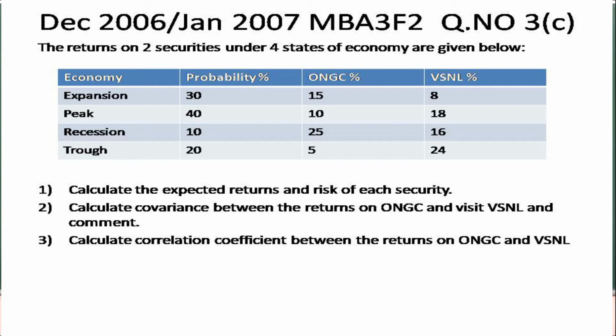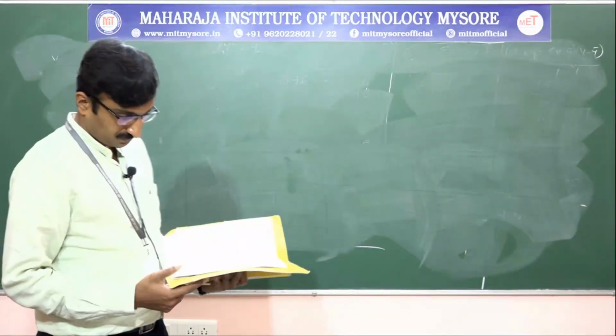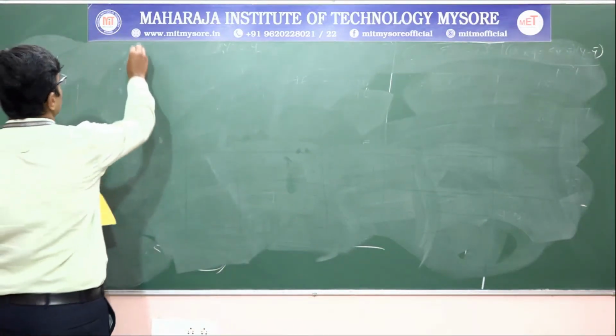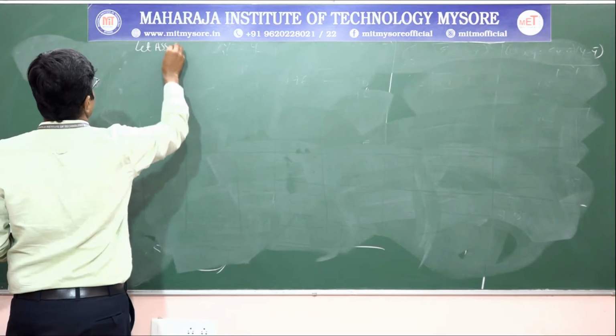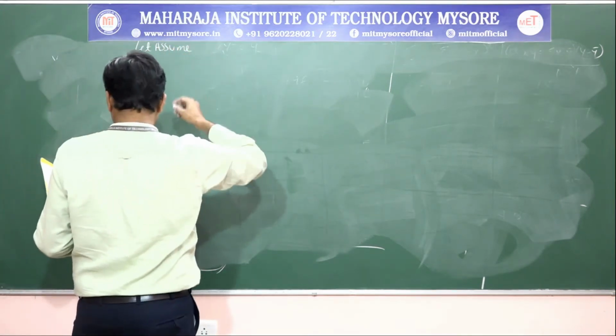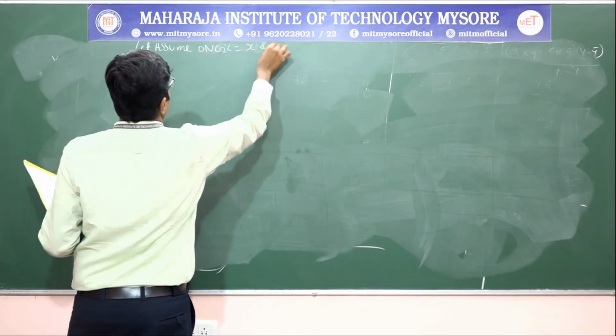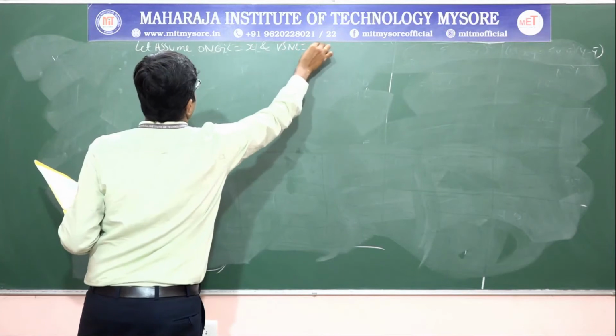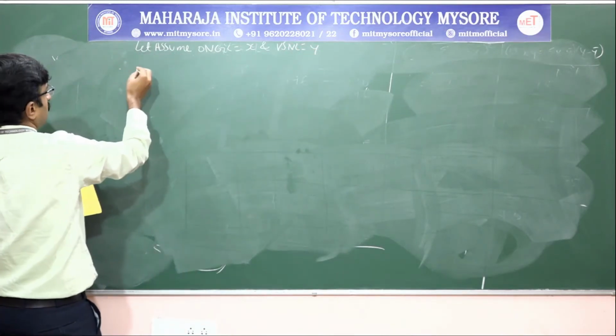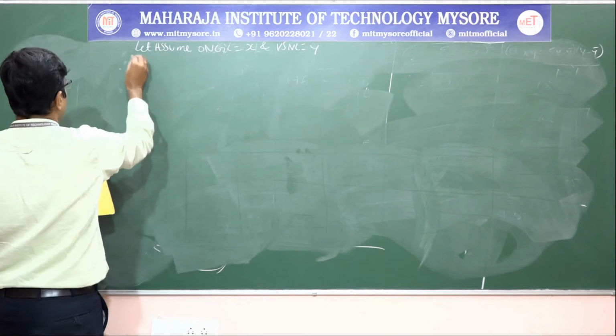Let us solve the problem. First, we have to write the data whichever they have given. So, let us assume ONGC is equal to X and VSNL is equal to Y. Then they have given the values. First you do it for ONGC.